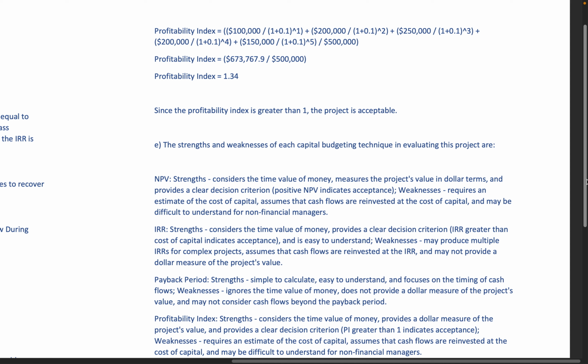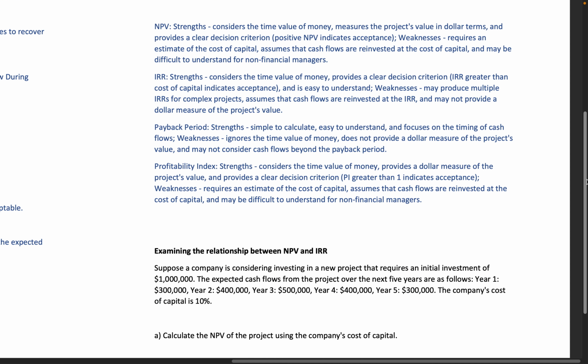But its weaknesses are pretty much the same as IRR and NPV regarding the reinvestment rate, and the cost of capital is simply an estimation rather than something hard and fast. There's an element of subjectivity there. It can also often be difficult for financial managers to understand.